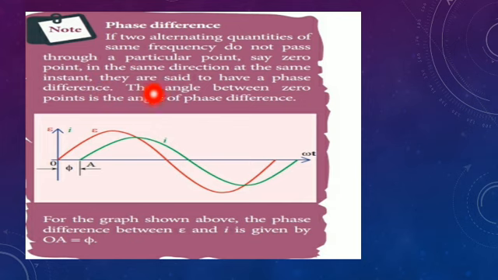Therefore the angle between the zero points is the angle of phase difference. Please underline: the angle between the zero points is the angle of phase difference.